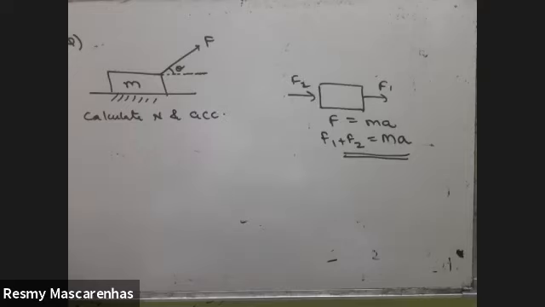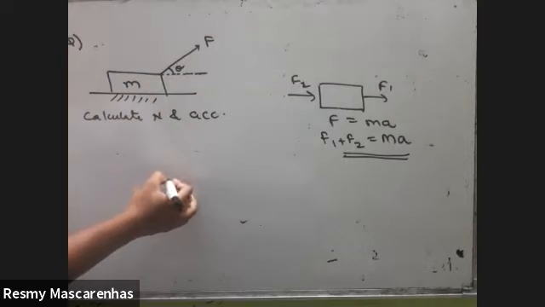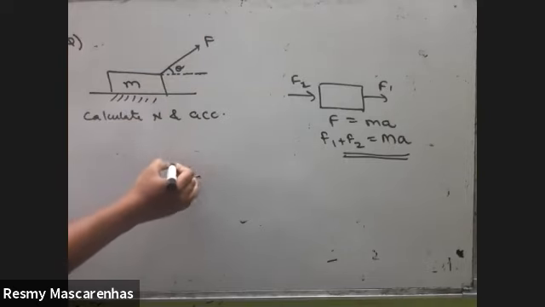Now I want to know which side will be my acceleration, in which direction the object will be moving. Now the string, it's tied to the object. Even though it's pulled at an angle, obviously the object will not start moving exactly in that direction. See, it's like having a toy. A small kid has a toy in the hand, and you are holding the string.